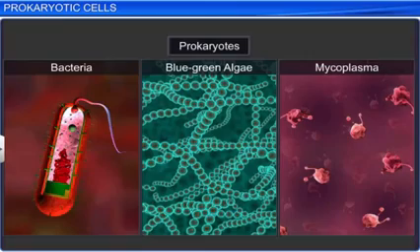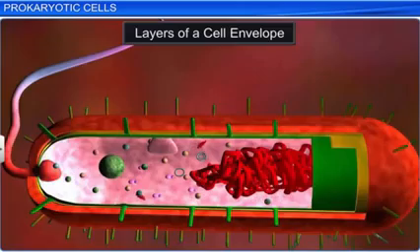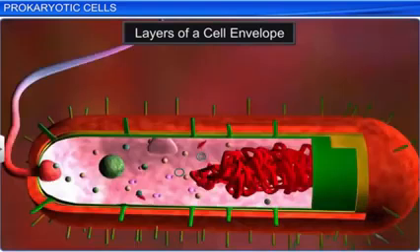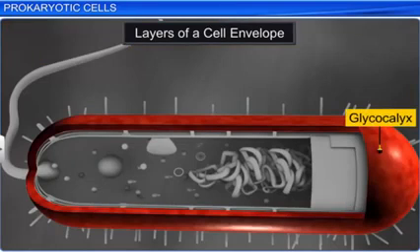Microscopic studies reveal that most prokaryotes, except for a few such as mycoplasma and thermoplasma, possess a cell envelope, a complex, tightly bound, three-layered chemical structure consisting of the outermost glycocalyx, followed by the cell wall and then the plasma membrane.